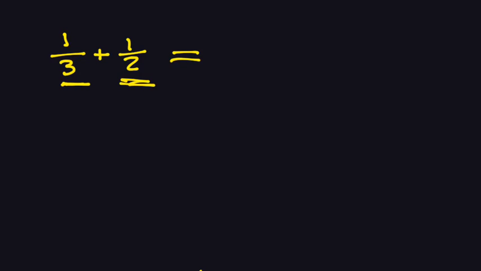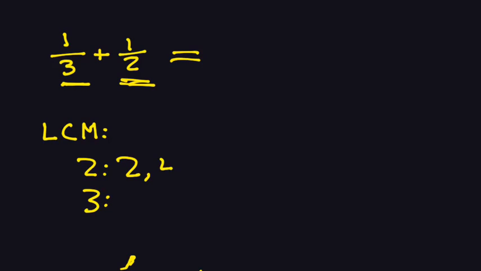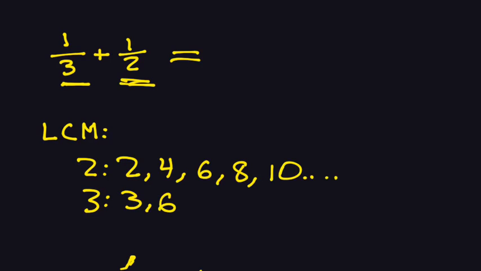So what we're going to need to do is find the least common multiple, the LCM, of 3 and 2. So let's list the multiples of 2 and list the multiples of 3. 2, 4, 6, 8, 10, and so on. And 3, 6, 9, 12, 15, and so on.